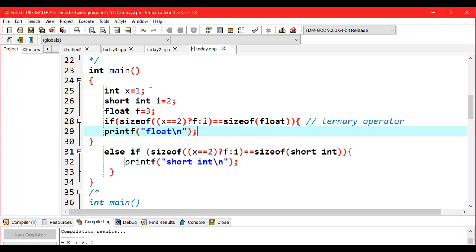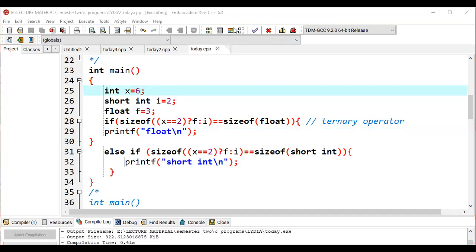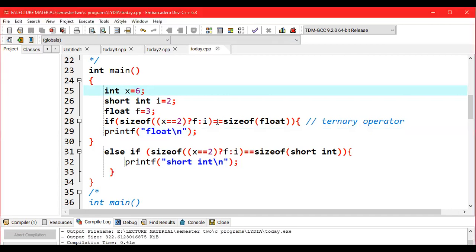Let me change this one to be like a 5, like a 6, and see what it does. It still makes it a float. When does it become a short integer here, surely? Let's see what they're trying to do.